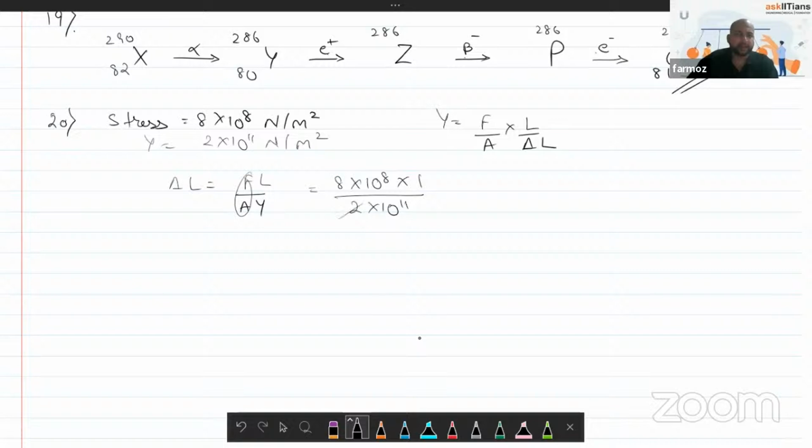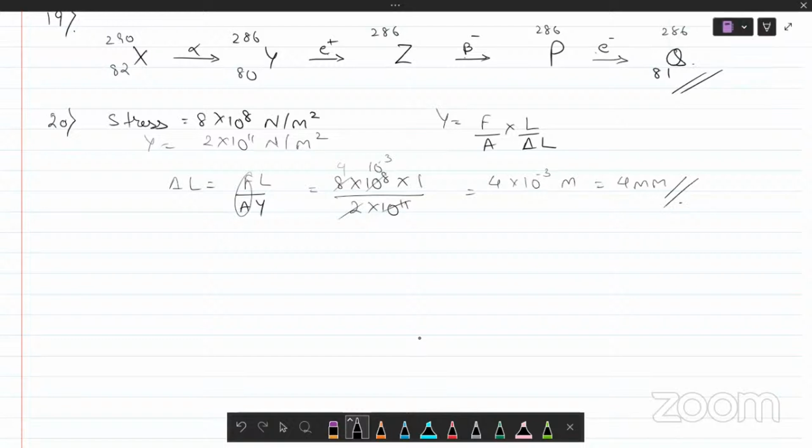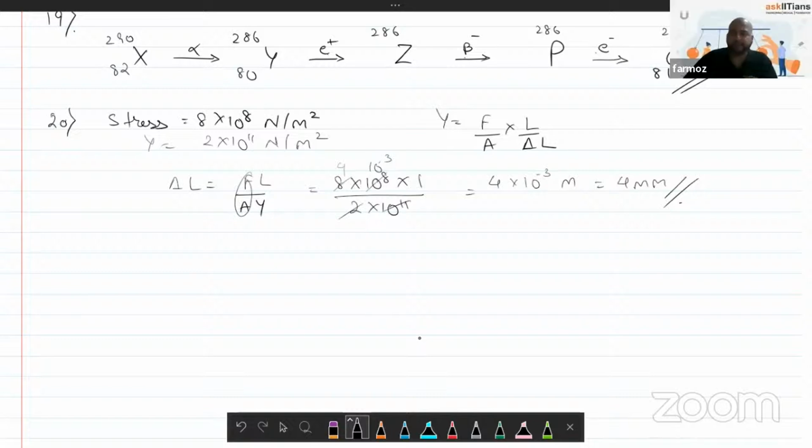So this gets cancelled, this gets cancelled. It is 10 raised to minus 3. So your total answer is 4 into 10 raised to minus 3 meter, or 4 mm. That's it. Clear, everyone? So this is your question number 20.